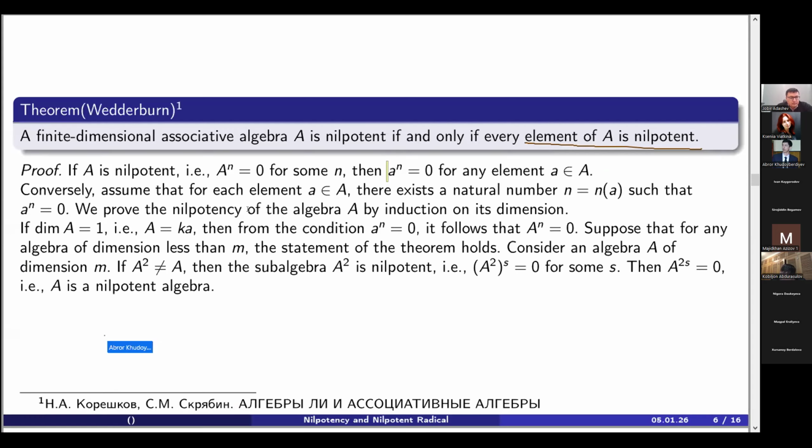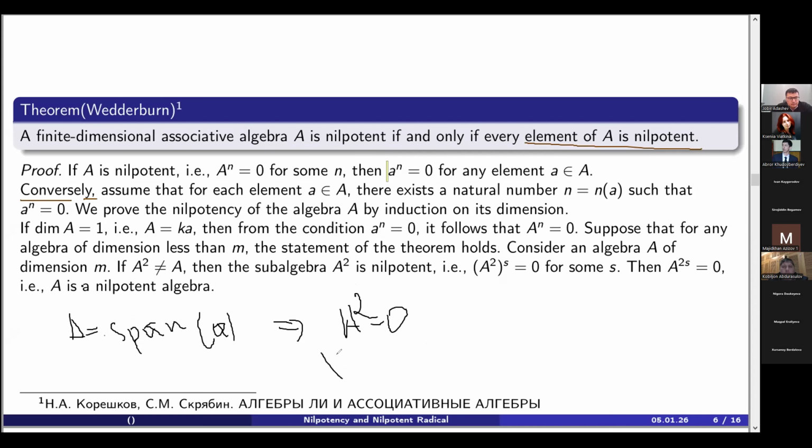We prove the nilpotency of the algebra A by induction on its dimension. If dim A is equal to 1, then A is spanned by a single element A. Then A is nilpotent, A square is 0.